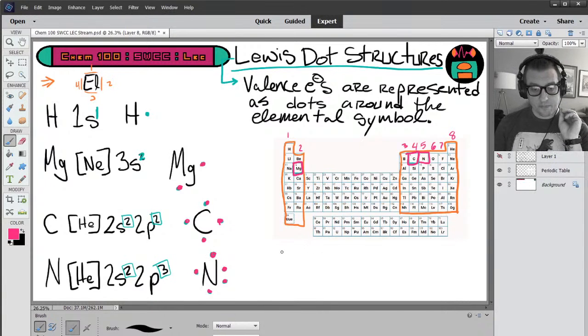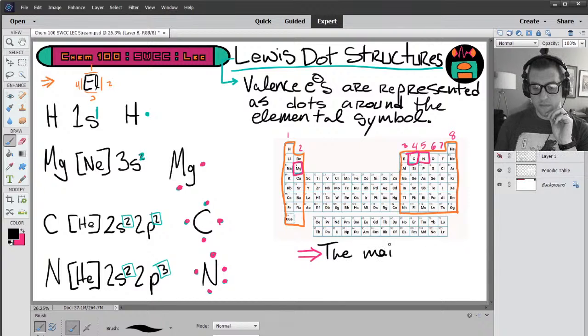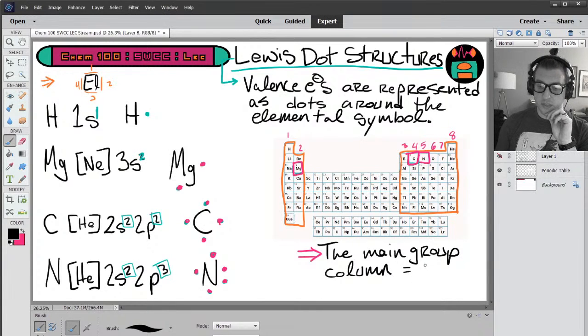The main group column equals the number of dots in the Lewis structure.